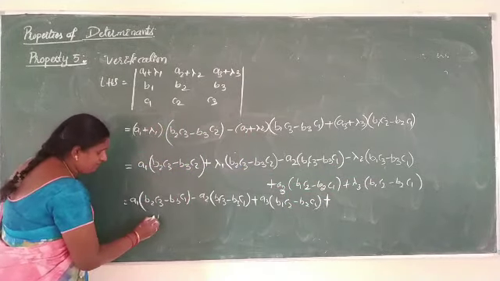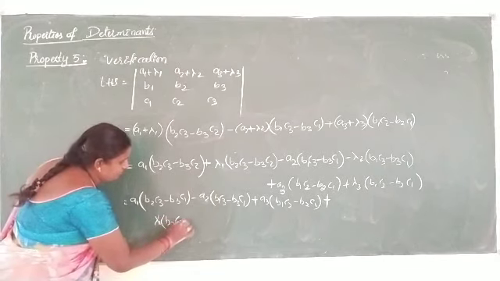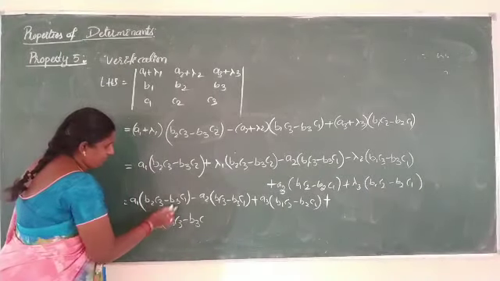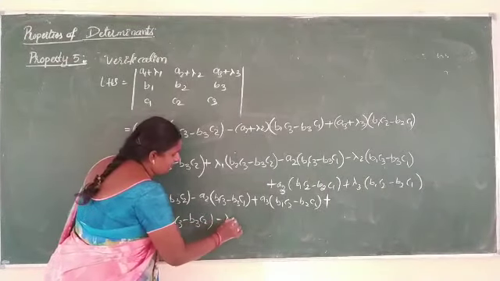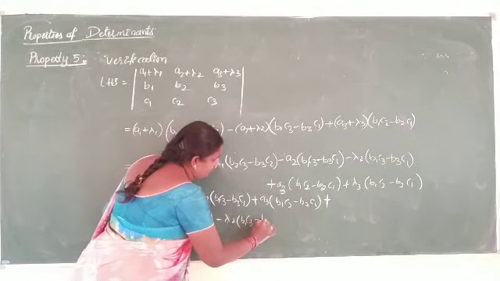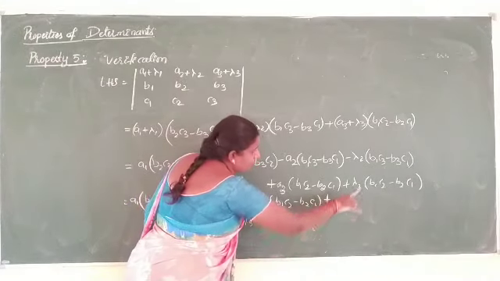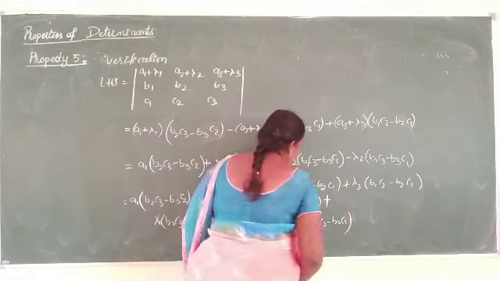Those three write one by one: plus lambda 1 into B2 C3 minus B3 C2, minus lambda 2 into B1 C3 minus B3 C1, plus lambda 3 into B1 C2 minus B2 C1.